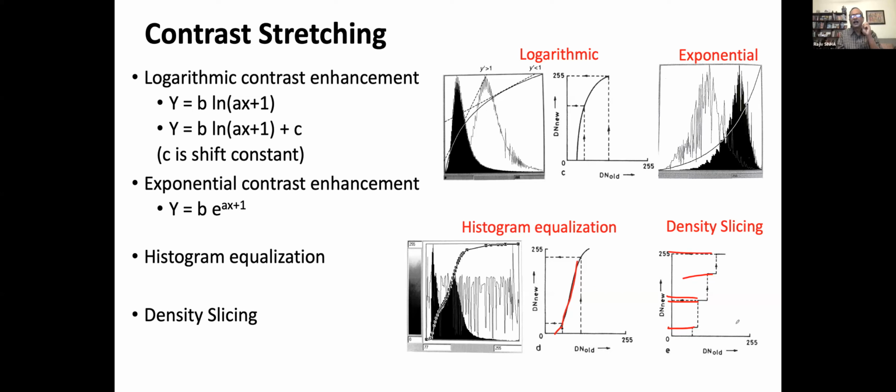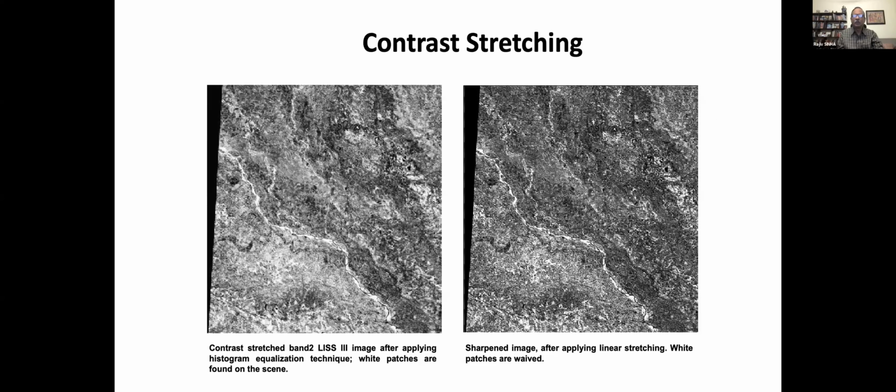But if you need high details of the information, then you have to use other enhancements like the logarithmic, exponential, or the linear contrast stretching, as we talked about. Let me show you some examples. I'm not sure how clear these images would be on your screen, but this is a contrast stretch image after applying histogram equalization, and this is after linear stretching.